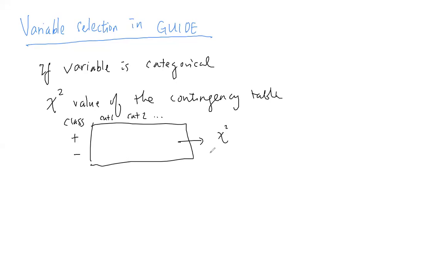Of course, this chi-square value will have a degree of freedom nu, which is equal to the number of rows subtract 1, times the number of columns subtract 1. So if you have different categorical variables, their degrees of freedom will be different. Some may be chi-square with 5 degrees of freedom, some 1 degree of freedom, some 3 degrees of freedom, and so on. So it's very hard to compare them when their degrees of freedom are different.